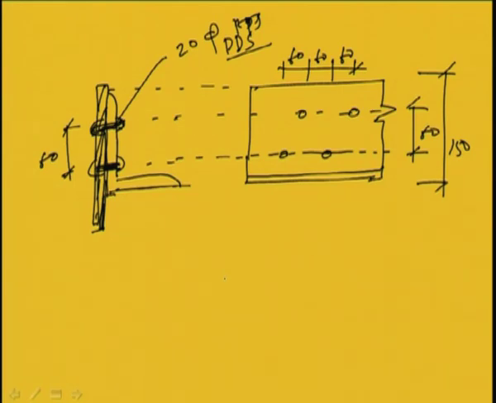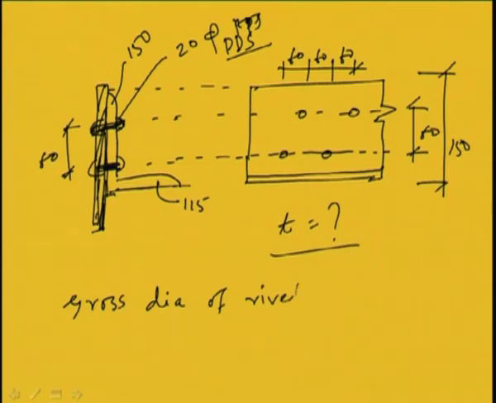So first we have to find the gross diameter. Now this length is 115 and this is 150. We have to find the thickness of the plate, which is unknown, right. First we have to find the gross diameter of the rivet hole, that is 20 plus 1.5, 21.5, right.